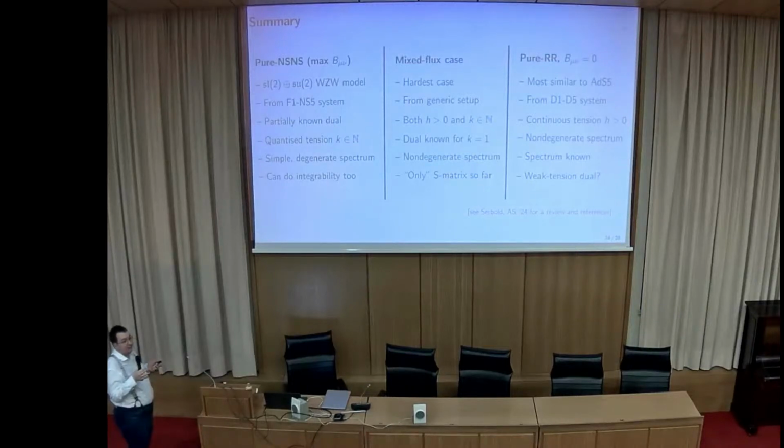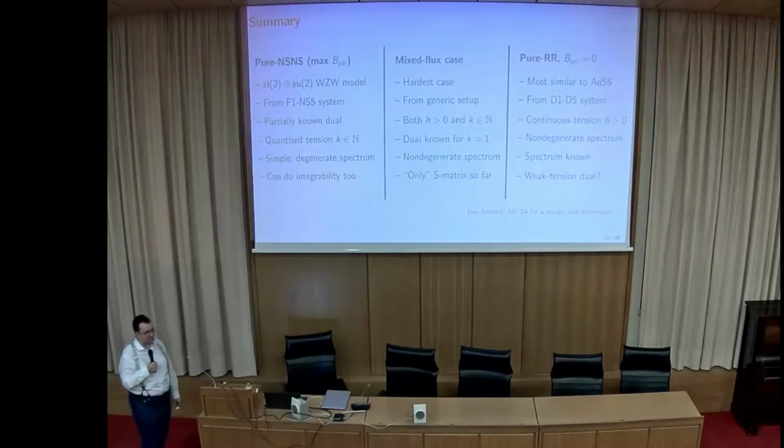It would be extremely interesting to find what it is and to compute other things than the spectrum, like 3-point functions and whatnot, and even to obtain it from the D1-D5 system by some analysis of the instanton moduli space and so on. It's never been done. So that's an important open challenge for people so inclined. It's not an easy question, but an important one.